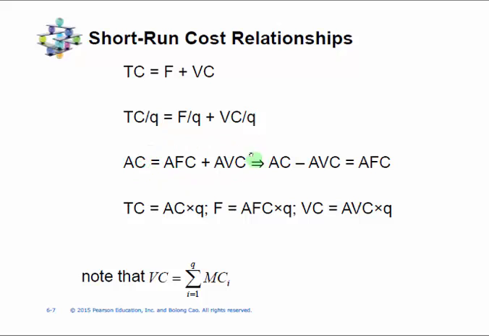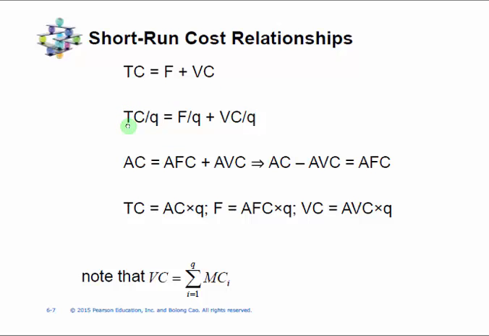And then from this one, we can, again, figure out one from another. If you have the average cost and the average variable cost, you will get the average fixed cost. Or if you have the average cost and the average fixed cost, you will get the average variable cost. And the simple fact again relies on this.